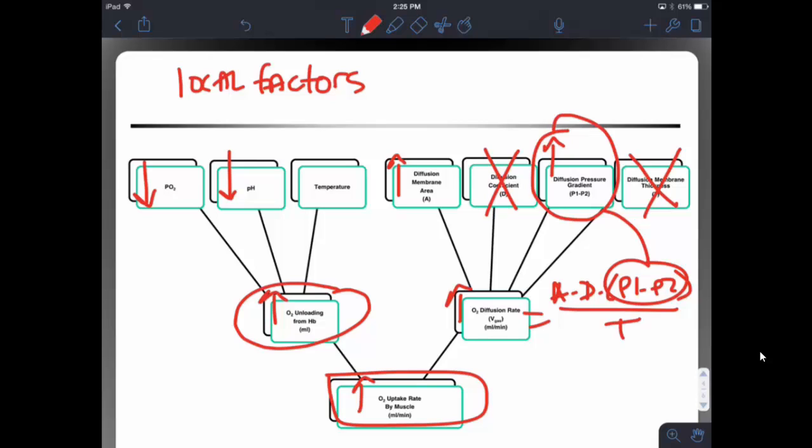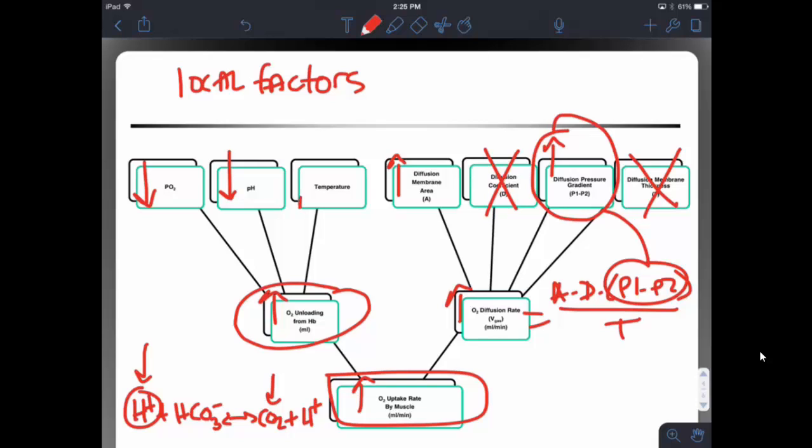And we've talked about how the accumulation of CO2 can form lactic acid. Hopefully you remember that. Okay, so we could be producing more lactic acid, or we could be producing more CO2. Either way, we end up with more hydrogen ions, which means we end up with a lower pH, and the lower pH also stimulates unloading.